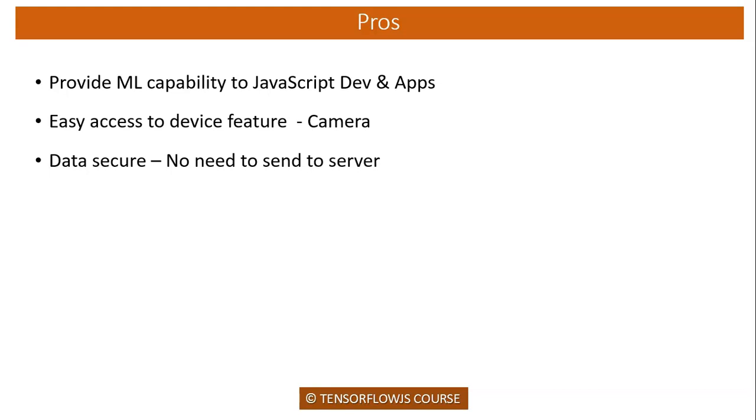Also, as all those computations are happening inside the browser, even though it has some limitations, which we'll see as cons, your data will be very much secure, because you do not need to send the data to the server. Every computation related to training, testing or inference is performed in the client-side browser only. So data won't be leaving your browser.